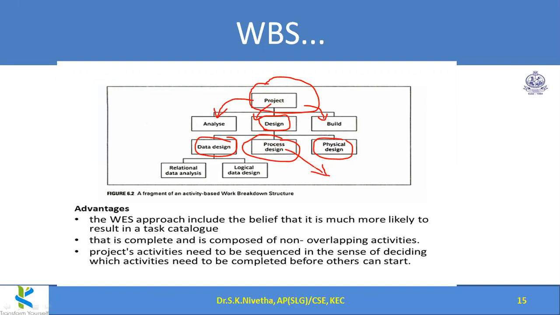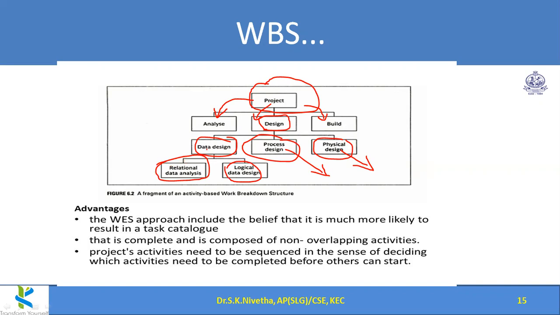Clear start and end is there. And for physical design also, effort is forecastable, clear start and end is there, it is not divided further. But for data design, they still have some confusion. So further they are dividing that into relational data analysis and logical data design. So in two parts they are dividing.